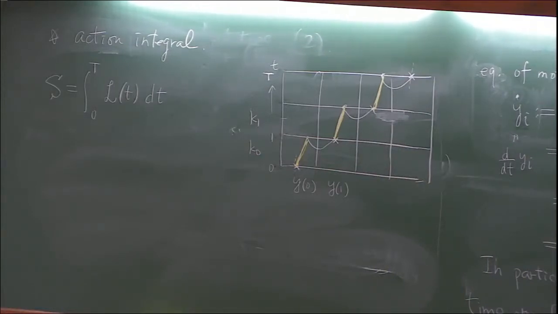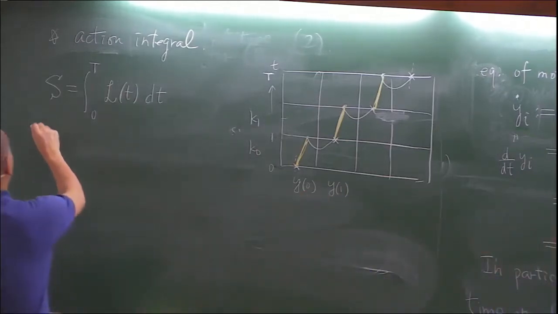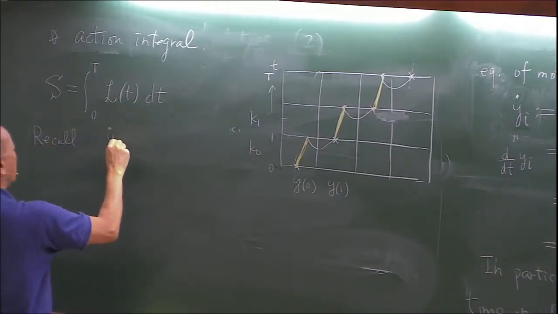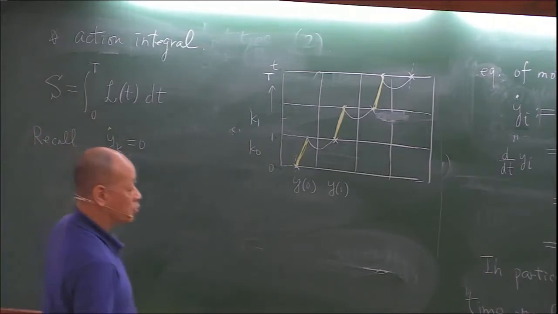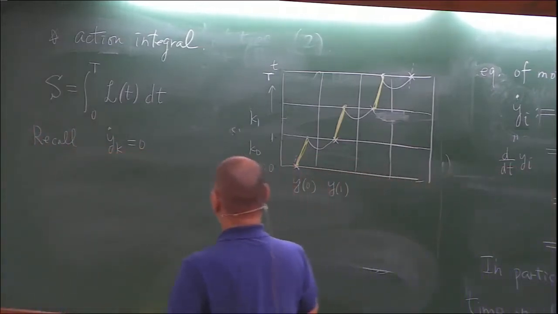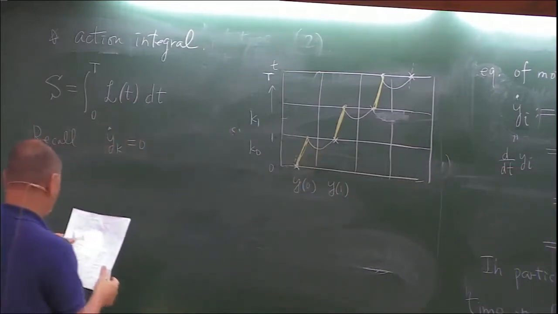Furthermore, recall that y dot k is 0, written somewhere here. So y is just constant. It means the Lagrangian is constant along the contour.